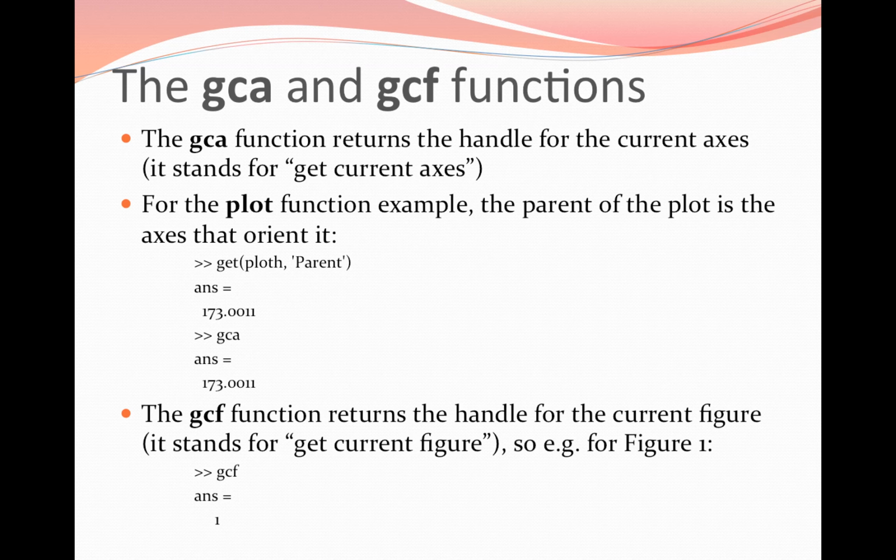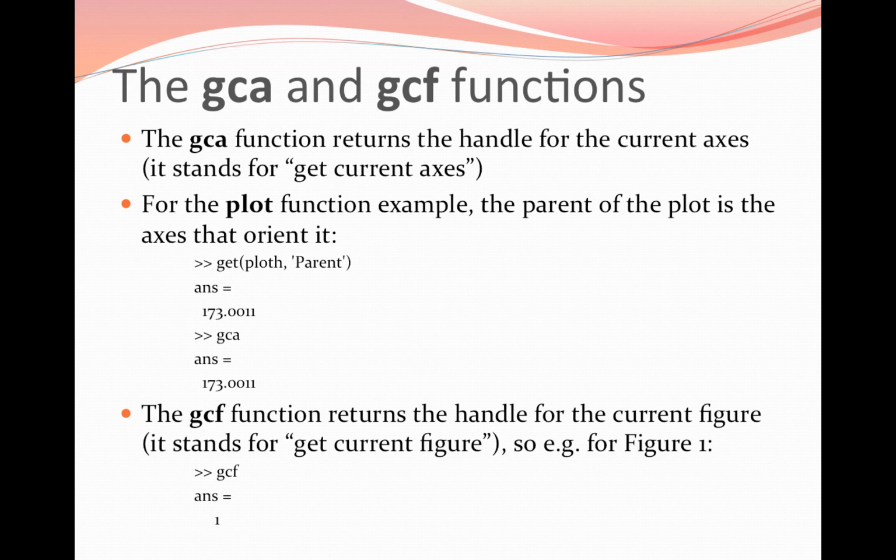There are some built-in functions that return the handles for the current axes and for the current figure. GCA stands for get current axes. GCF stands for get current figure. So for example, if we have the plot function handle plot h still, and we say get plot h parent, what we want is the value of the parent object. And again, you see that it's a real number.